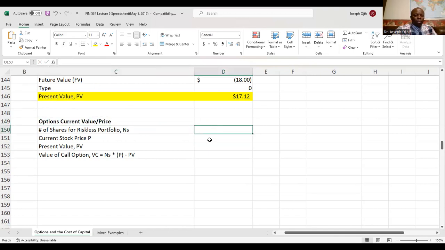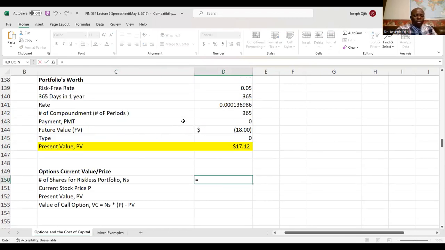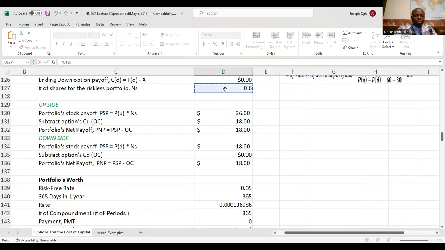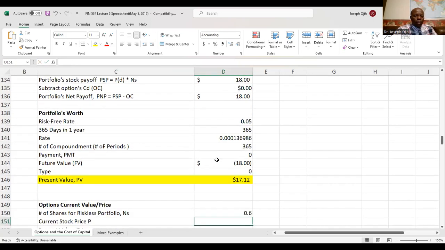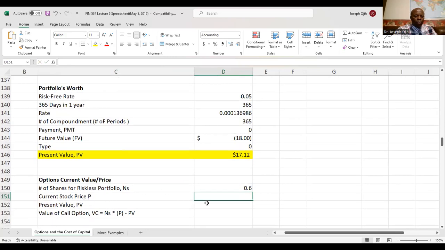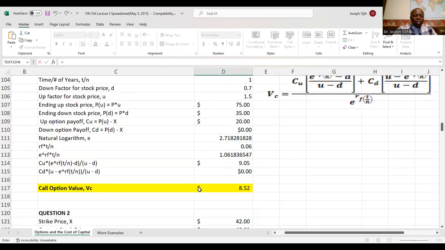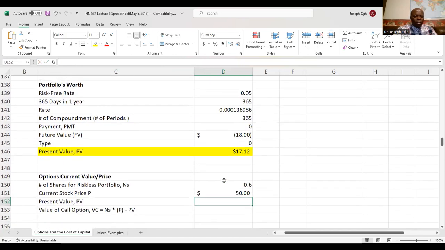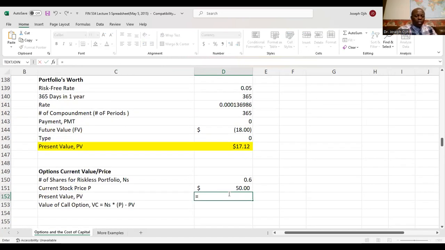Okay, good. So we have the number of shares of the portfolio, NS, which we have here as 0.6. Then the current stock price, we have it here. Then the present value that we just calculated is right here.